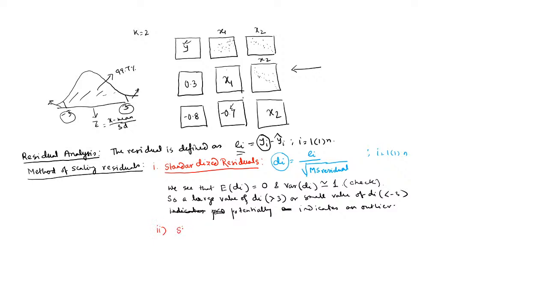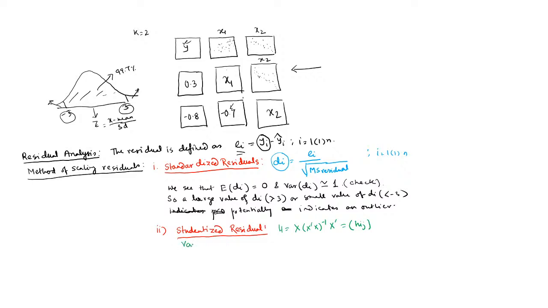Next is the studentized residual. We know the hat matrix H, which I already defined as X(X'X)^-1 X', whose ijth element is denoted by small h_ij.